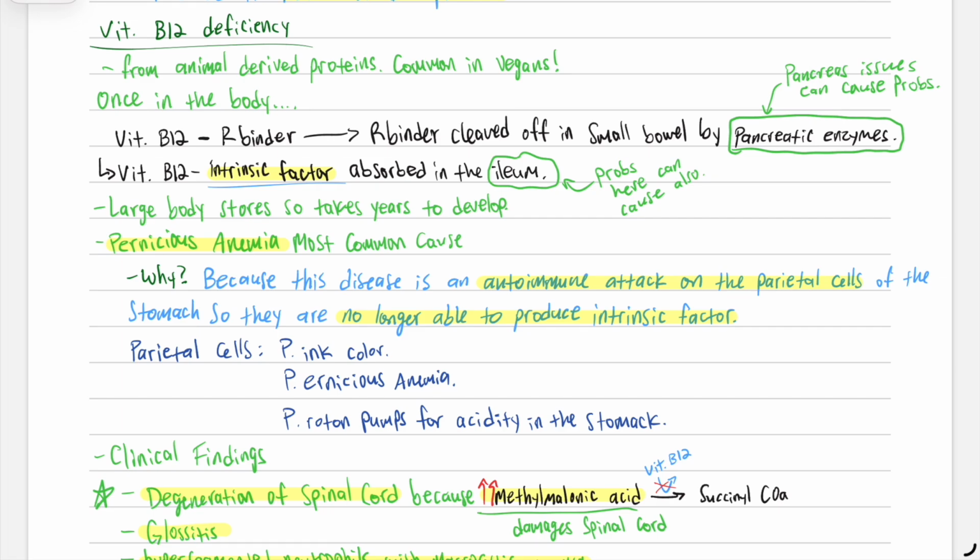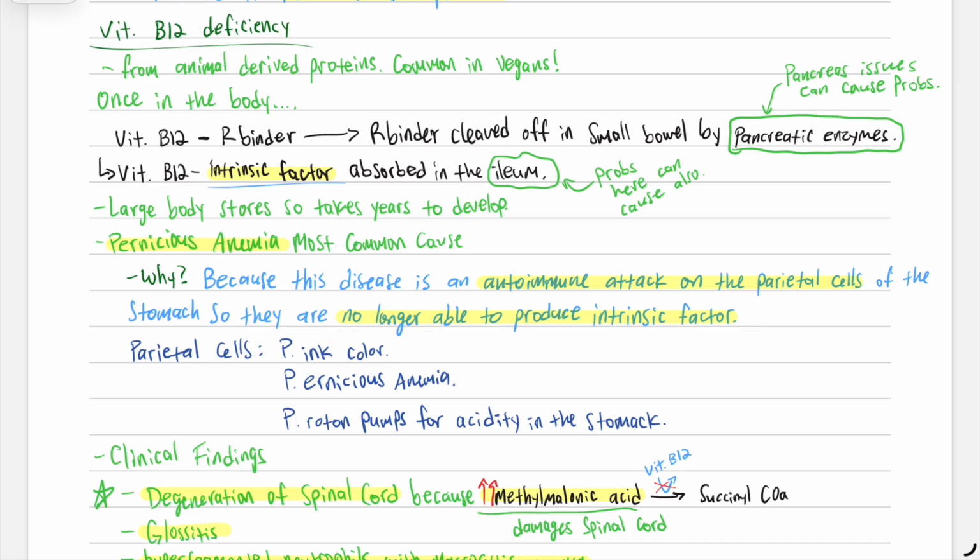Symptoms take oftentimes a long time to develop. But the main risk factor here with vitamin B12 deficiency, other than vegan diets, is pernicious anemia. And pernicious anemia is an autoimmune attack on the parietal cells of the stomach. So they're no longer able to produce intrinsic factor.